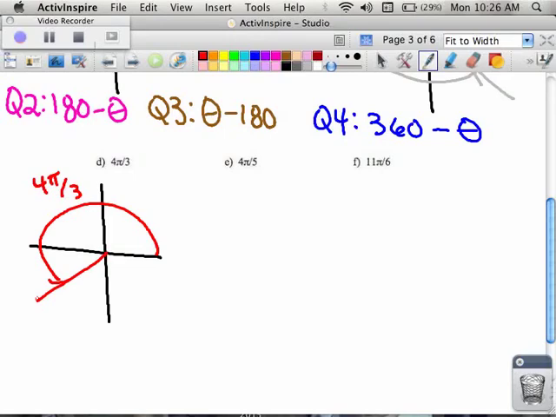But we're in radians, so we're going to subtract off pi. So in quadrant 3, if you're in radians, you just say the angle minus pi. So 4 pi over 3 minus pi is pi over 3. You need a common denominator, you can do that on your own.